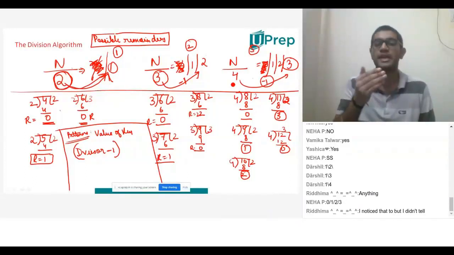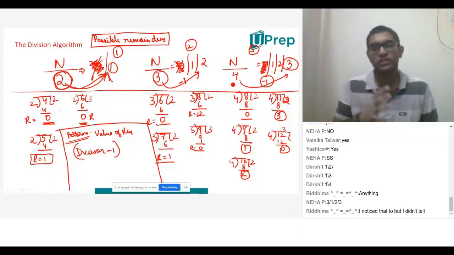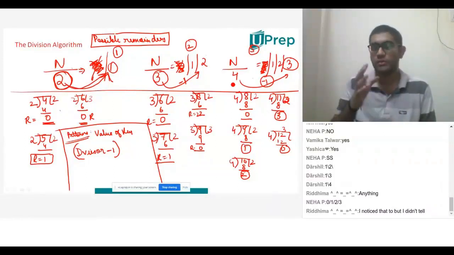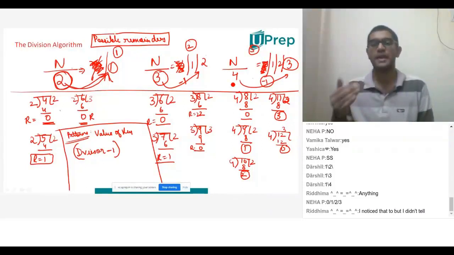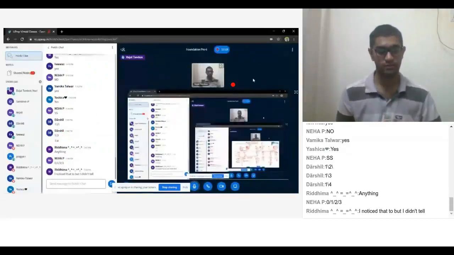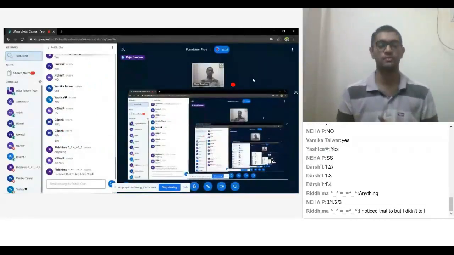The divisor minus 1. When I divided 8 by 3, what was the remainder that I got? I got 2. That is the maximum possible value. Divisor 3 minus 1 again gave me 2. Is the logic now clear, guys? That is what I was trying to say.